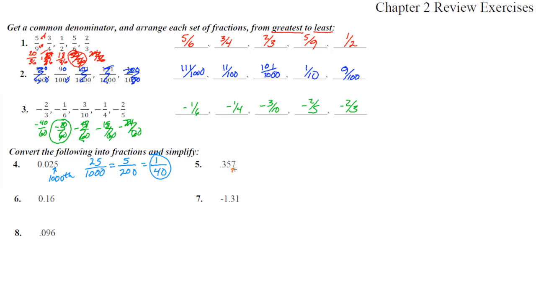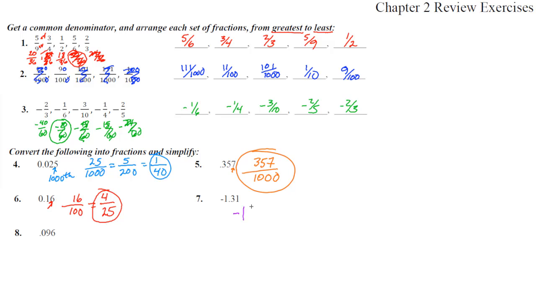Again, this is in the thousandths place. So it's 357 in the thousandths place. Number 6. What is number 6? It's 0.16, so that is in the hundredths place, 16, and it ends in the hundredths place. Divide by 4 on top and bottom, and we get 4 over 25. Is that as far as we can go? Yep, that's good. Simplified. Number 7.